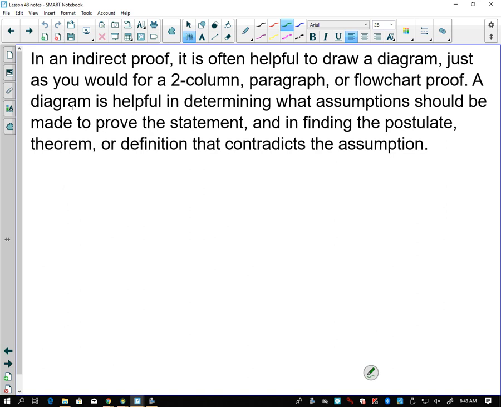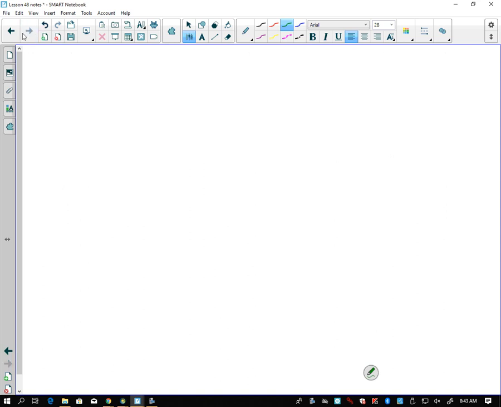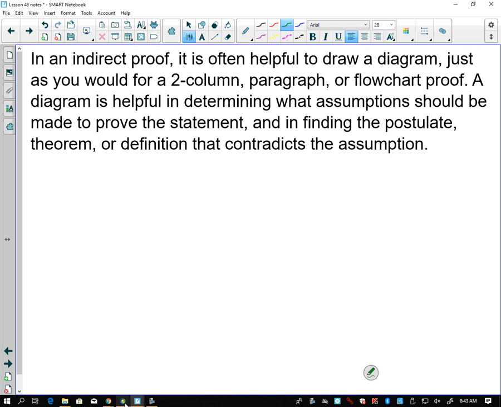So there's where I would draw a diagram in order to illustrate that this one thing is true because any of the other possibilities are not true. A diagram is helpful to determine what assumptions should be made to prove the statement and in finding the postulate, theorem, or definition that contains the assumption. All right, so we've got all that.